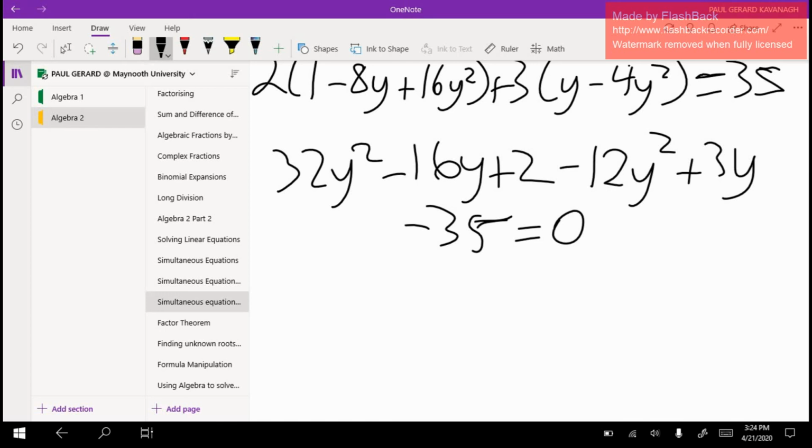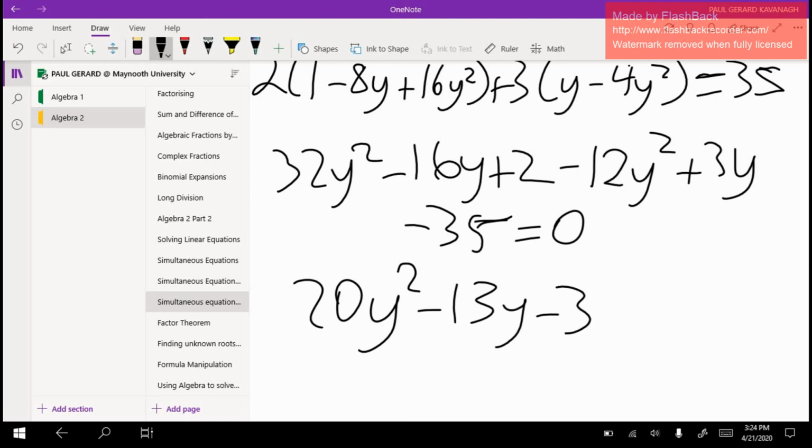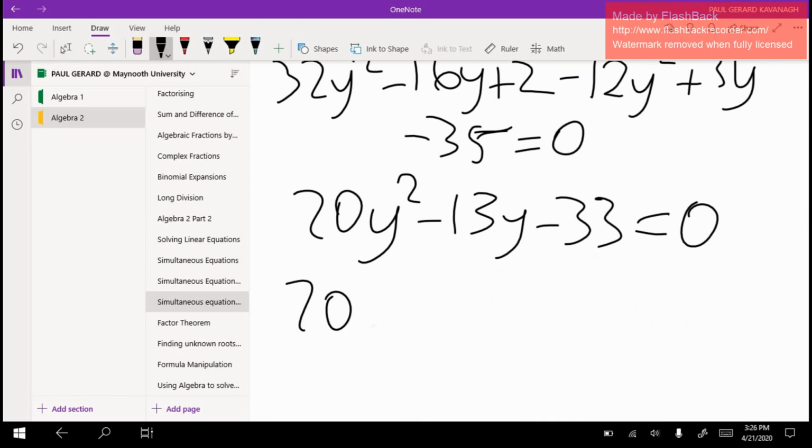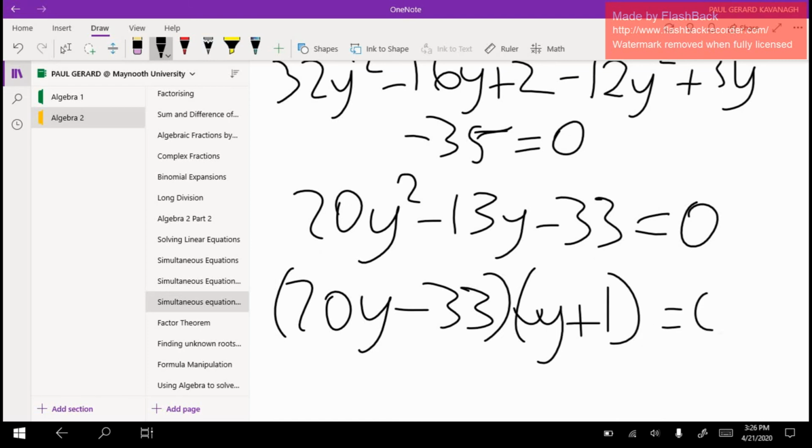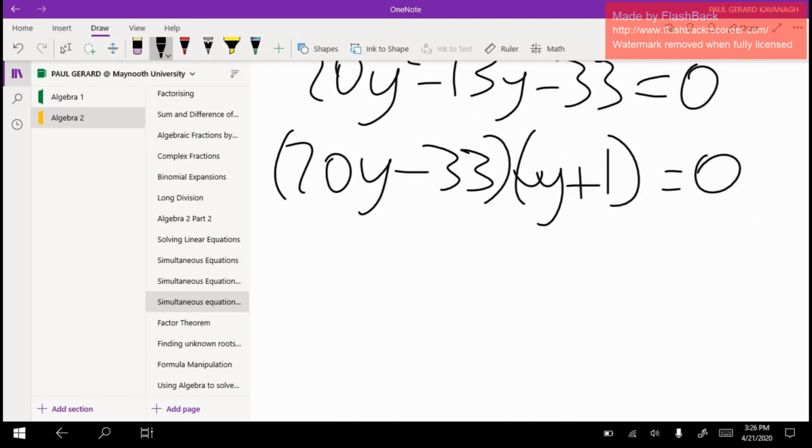Now you just do the simple maths, so now it is 20y squared plus 13y minus 3 equals 0. Here we need two numbers that multiply to minus 60 and add to 13, out of the 20y squared. So you use 20 and 3, because if you multiply 20 by 3 it's going to be minus 60, and add together they give 13. So do this and find its roots, which in the next one is going to be minus 3 over 5.